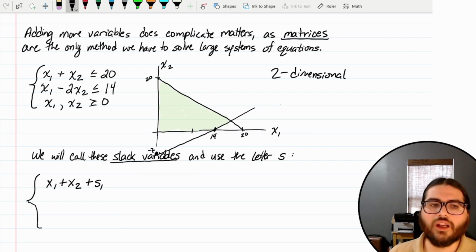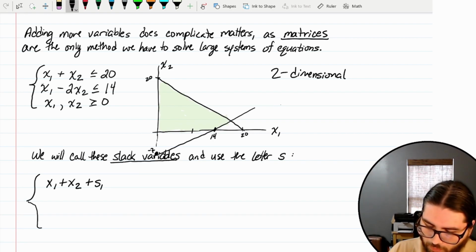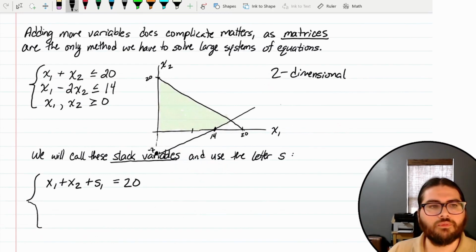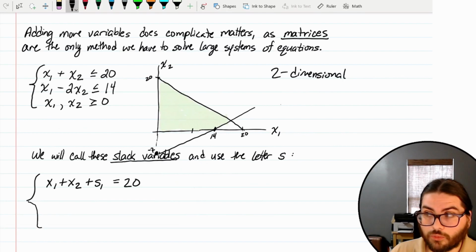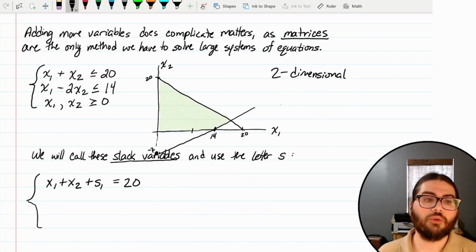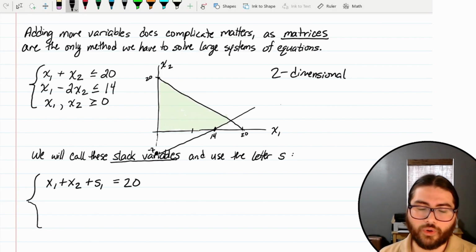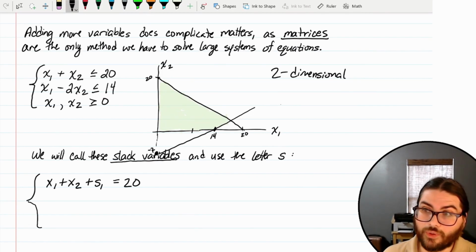So once I take up the difference in this s1 variable, it is now exactly equal to 20 every time, right? Because if x1 plus x2 is equal to 10, which it's allowed to be, now the s1 variable is equal to 10 to make the total 20 always. So now I've got three variables.